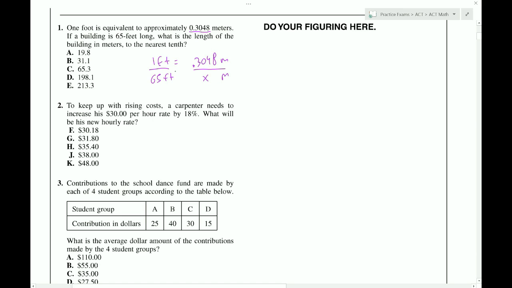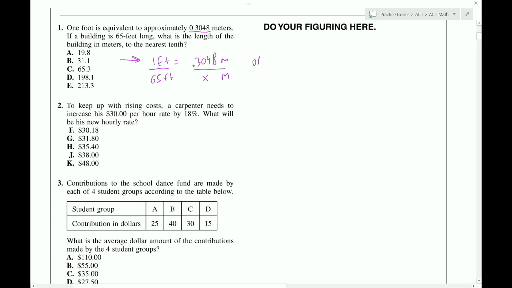If you notice, there's actually more than one right way to do this, but the way I've chosen to do it is to put feet on the left side and meters on the right side. So basically my conversion factor is written as an equation, and the bottom part is just the corresponding units for my unknown quantity. Okay.